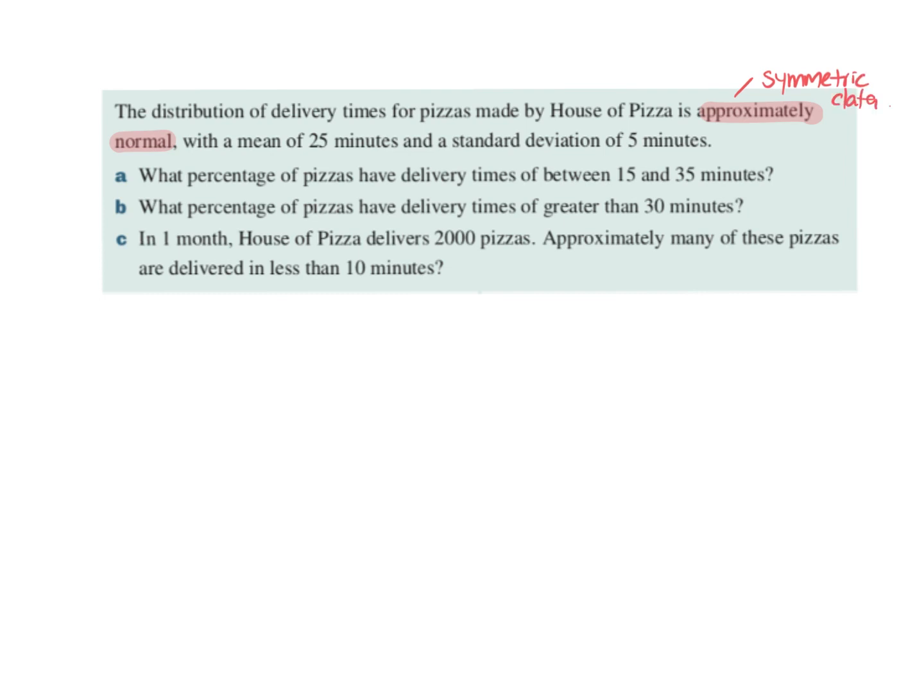The word normal means symmetric in our stats. And then it says we have a mean of 25 and a standard deviation of 5. So they're going to ask me all these questions as soon as I see that. I'm going to quickly draw my diagram because it'll just make my life so much easier, and then I'll be able to quickly answer the questions.